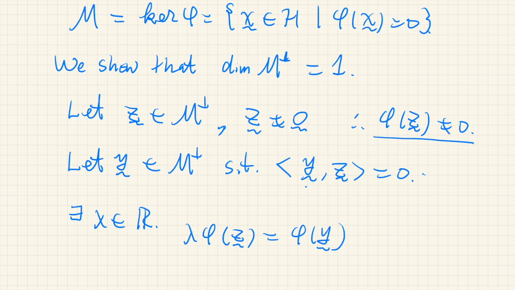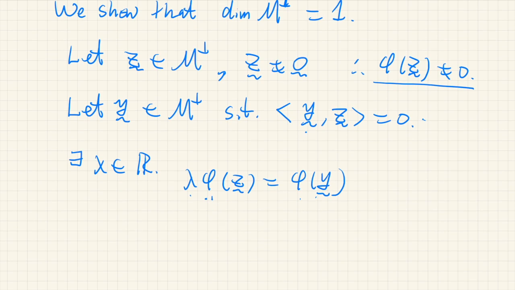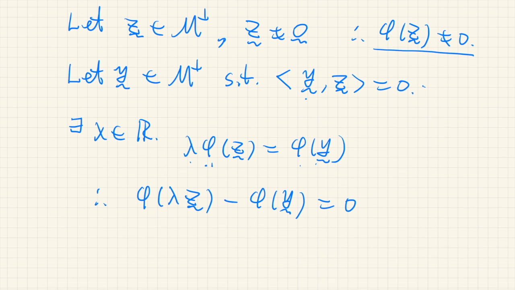And remember, the value of phi is a real number. So it's a real number times a real number, which is equal to another real number. So this is always possible. And by rearranging this, we have phi of lambda Z minus phi of Y is equal to 0.